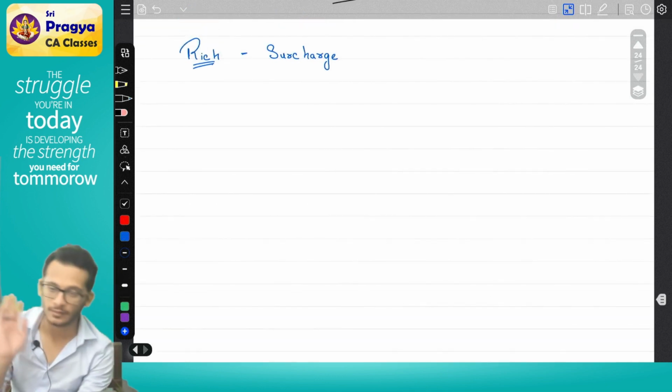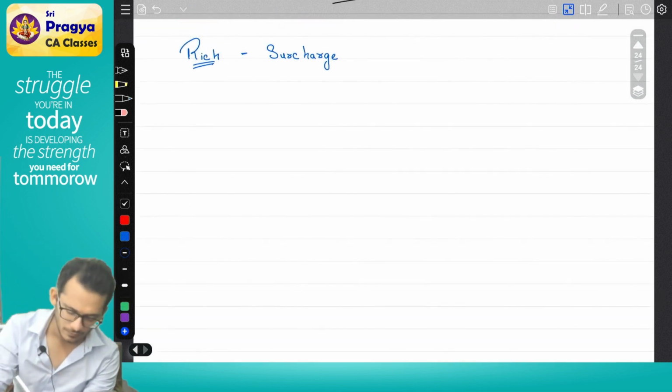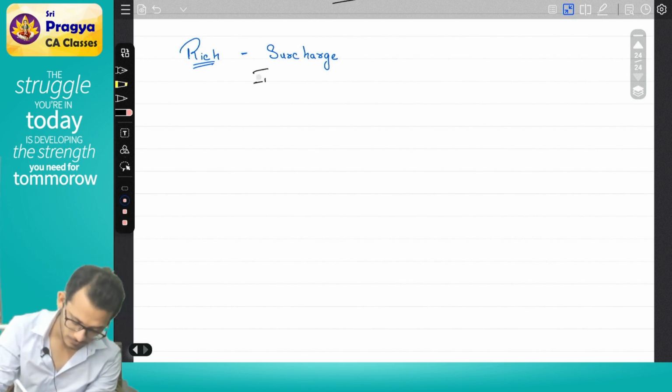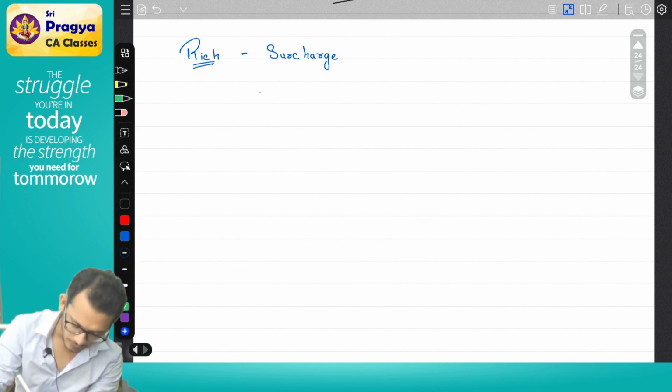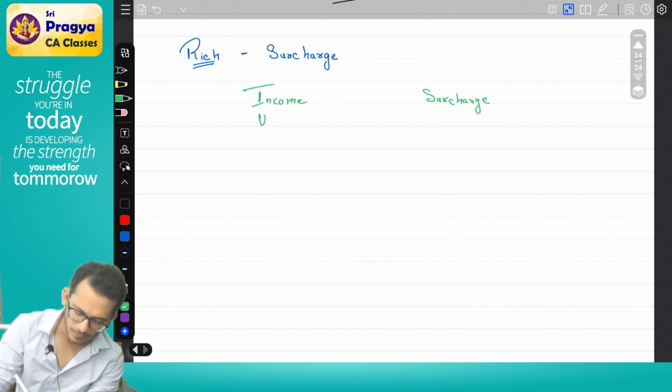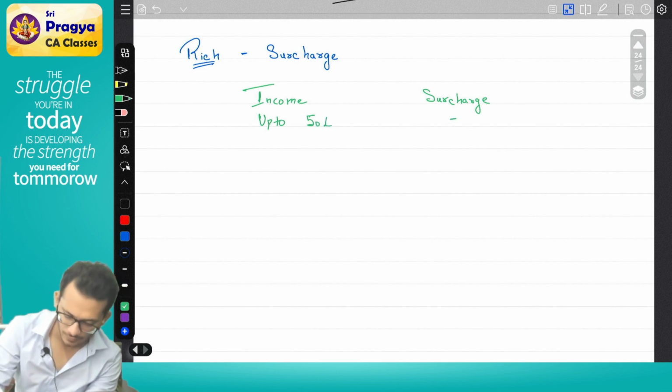Rahul, what are the surcharge rates? Same as the old one. Help me out. Income and then surcharge. Up to 50 lakhs, 0.